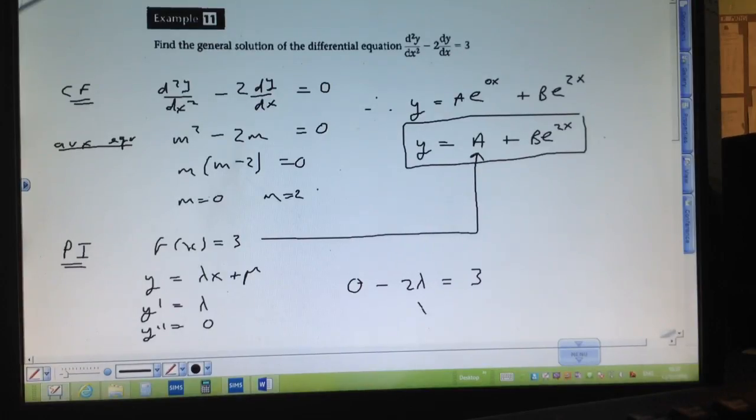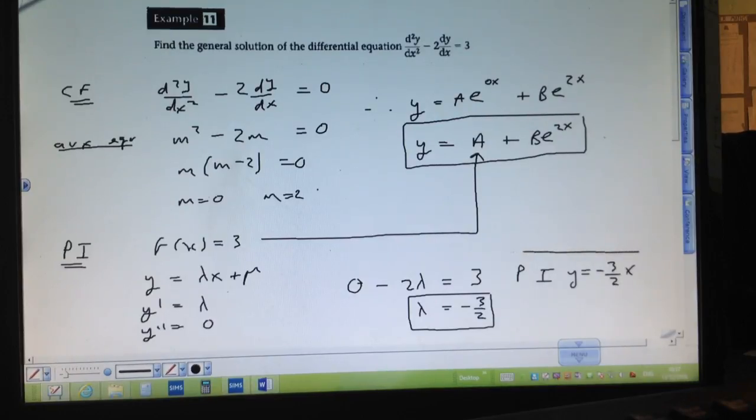Right, so you've got lambda equals minus 3 over 2. So the particular integral is y equals, and you go back to what you tried, minus 3 over 2 x is the particular integral.